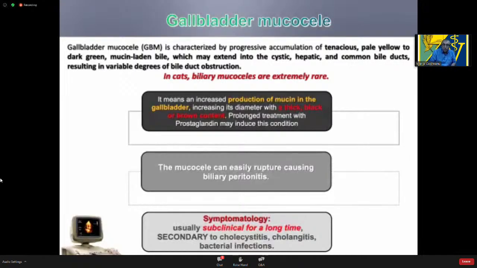In very many cases, it has a subclinical expression or no clinical signs for a long period of time. But this gallbladder mucocele can also appear secondary to bacterial infection, secondary to chronic inflammation of the gallbladder wall, or secondary to cholangitis.